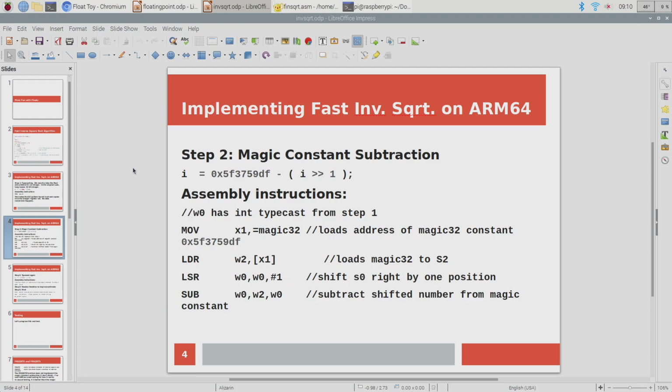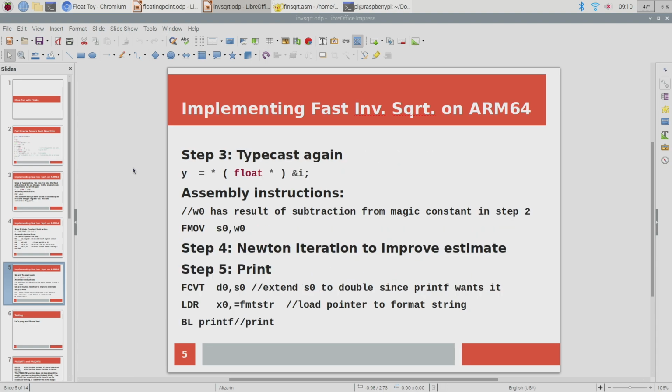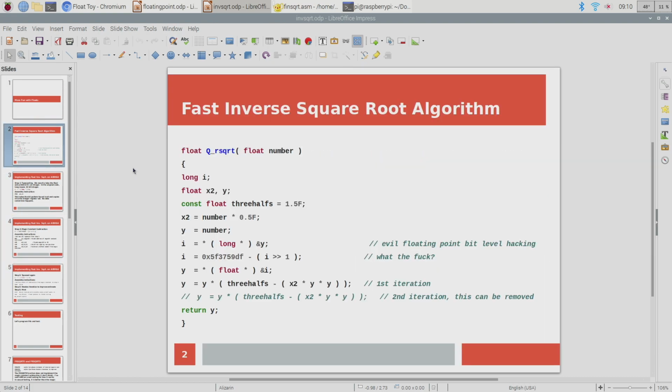Now, I have lied maybe slightly, because where would I be doing some floating point arithmetic? Step 4. The improvement of the estimation has to be done with floating point stuff. There's no way around that. But if we go back and look at the form of Newton's method, I've got some multiplications, a subtraction, and this constant 3/2.